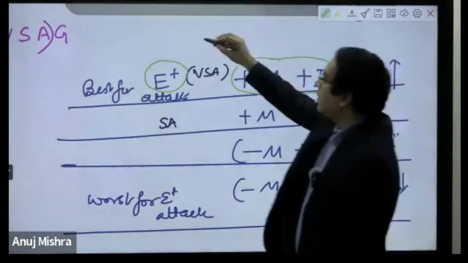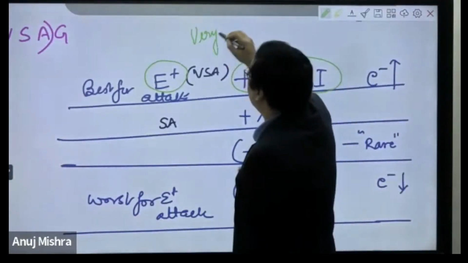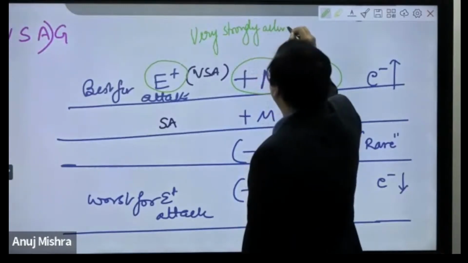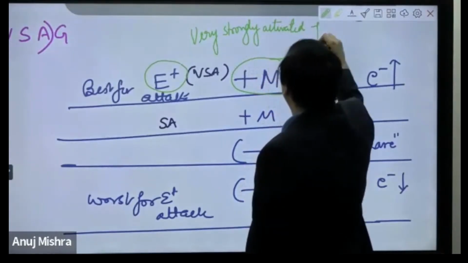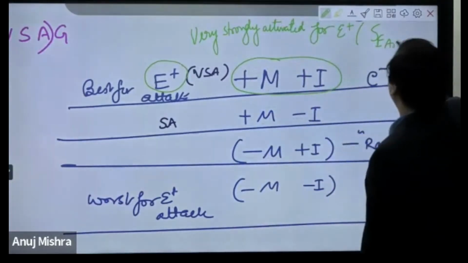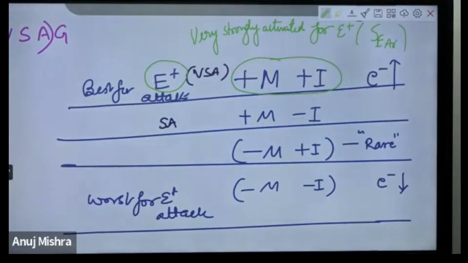So we call it very strongly activated for E plus, within brackets SEAR. I have done SEAR in the earlier classes. Can you recall? The electrophile comes and replaces H. On the benzene ring, you put CH3 and so on, we have done all those cases. Can you complete it?